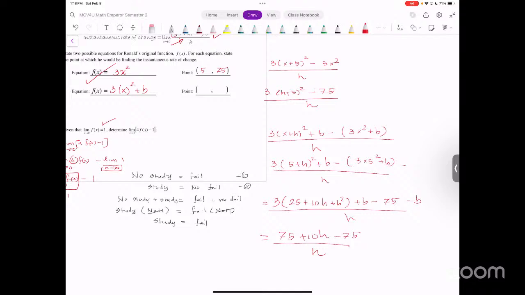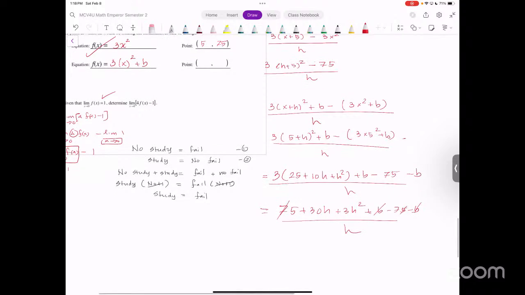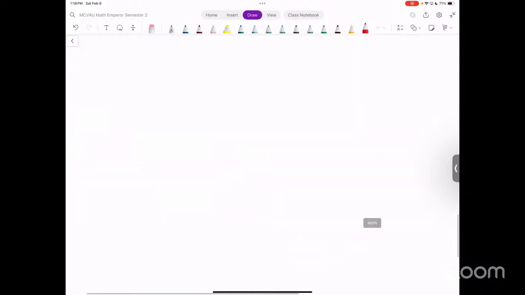Did I miss that? I think I missed that 3. So 75 plus 30h plus 3h squared plus b minus 75 minus b over h. Now we can have the b and b cancel. We can have this cancel. So this is going to be, if I factor out h, you get 30 plus 3h over h. The h cancels out, isn't it?